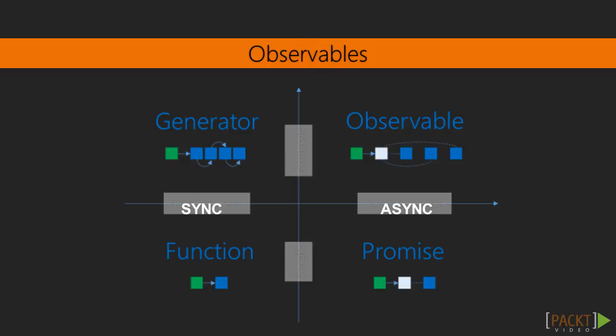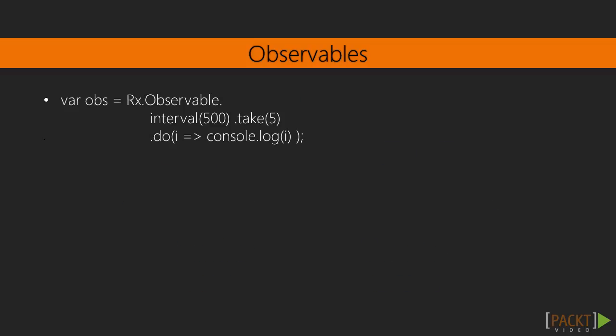Let's go back to the simple numeric sequence observable presented before and add a side effect to it. Here we have a simple observable example: var obs = Rx.Observable.interval(500).take(5).do(i => console.log(i)).